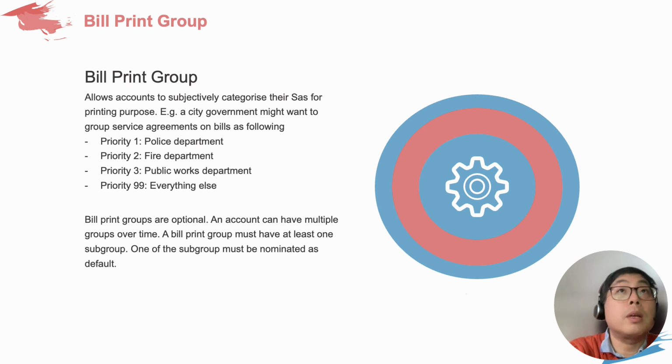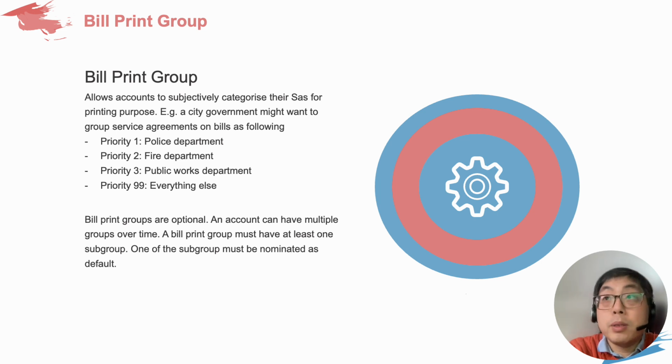An example here is that city governments want to group the service agreements on the bill and have different priorities. In this case, we can specify a bill print group, and we can specify subgroups for each priority, and we can use it that way.